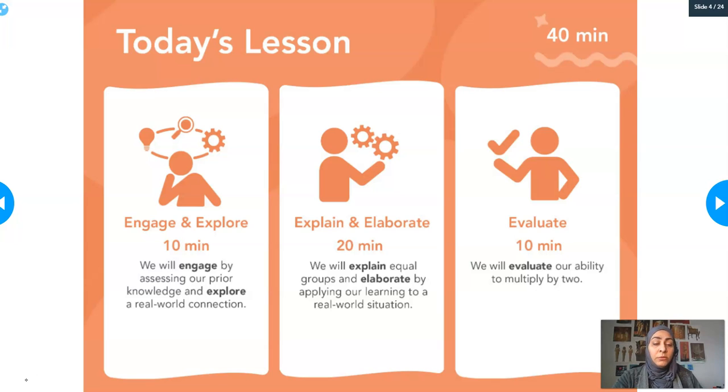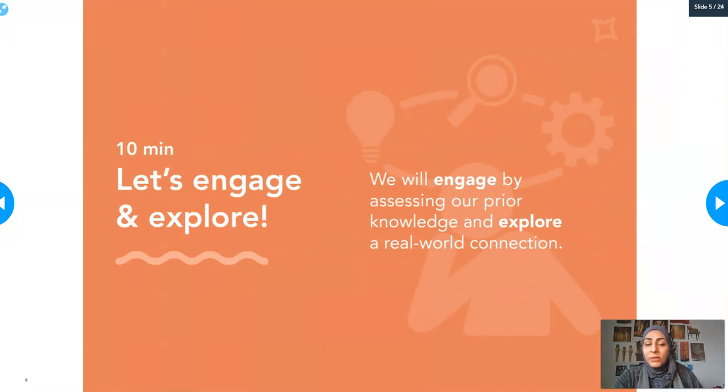To evaluate, I need to show what I have learned and whether I can do multiplication. Let's get ready. Ready? Let's start.